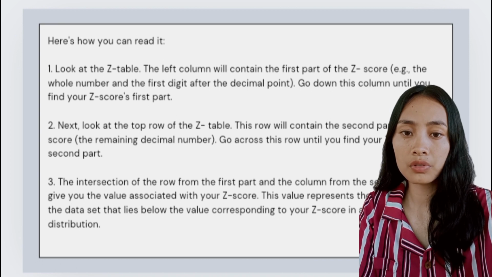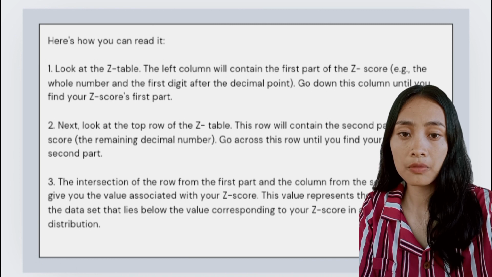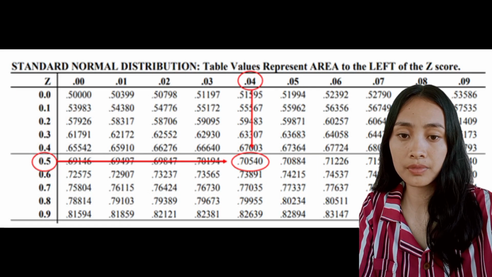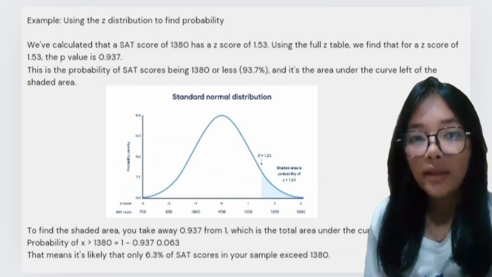Then go across this row until you find your z-score's second part. At last, the intersection of the row from the first part and the column from the second part will give you the value associated with your z-score. This value represents the proportion of the dataset that lies below the value corresponding to your z-score in the standard normal distribution.